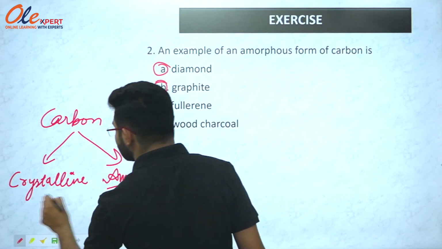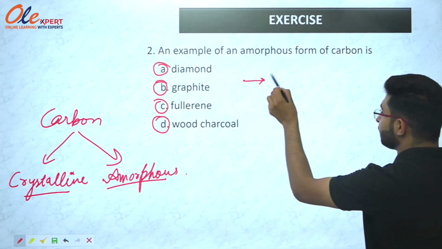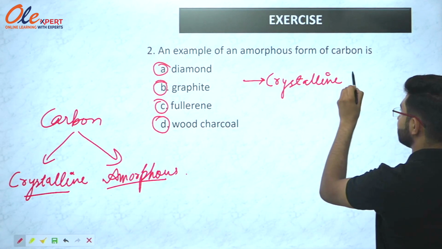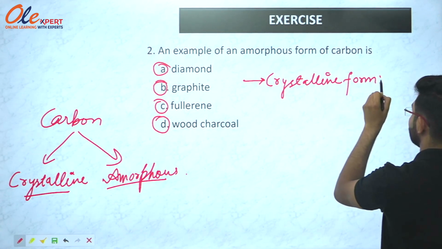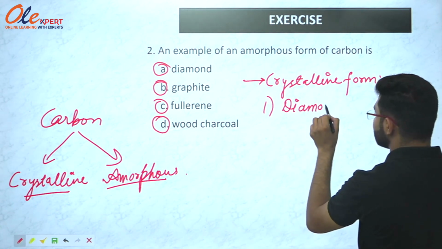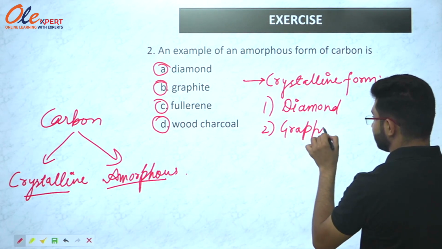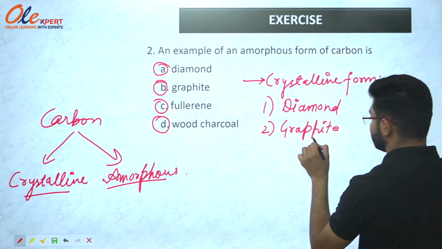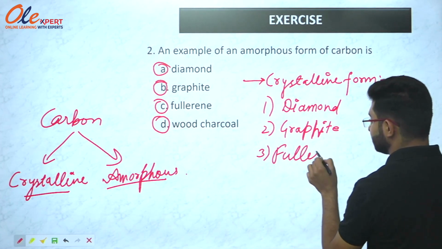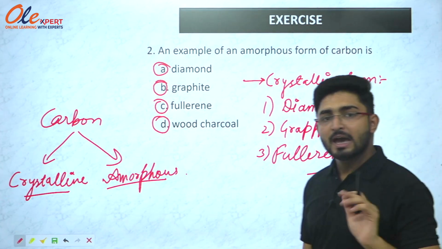During the lectures we have studied about this. Now in the crystalline form there are three types, that is diamond, graphite, fullerene.